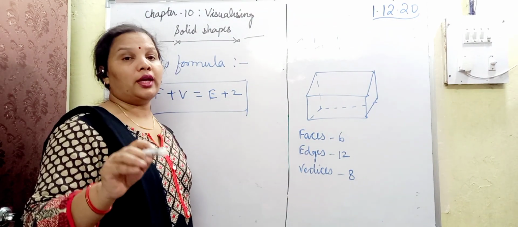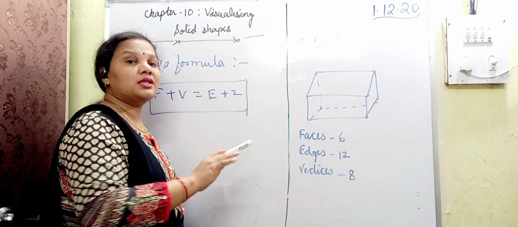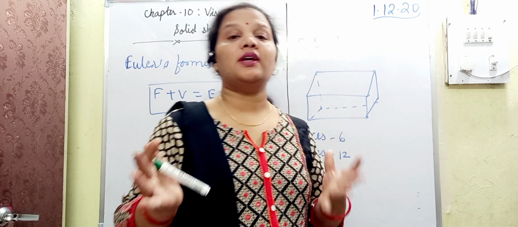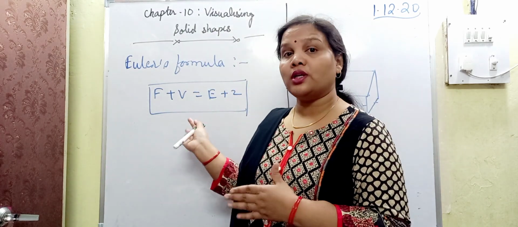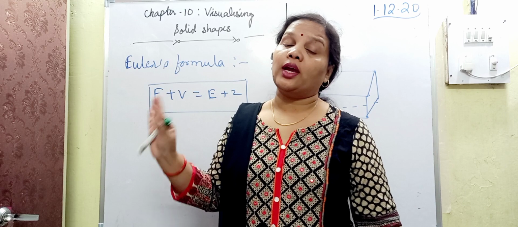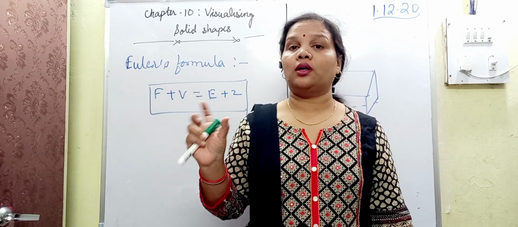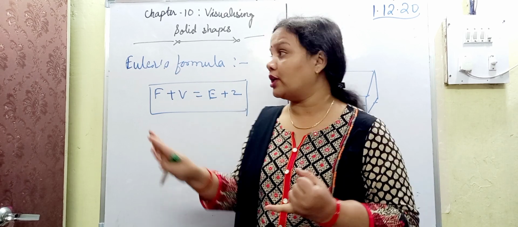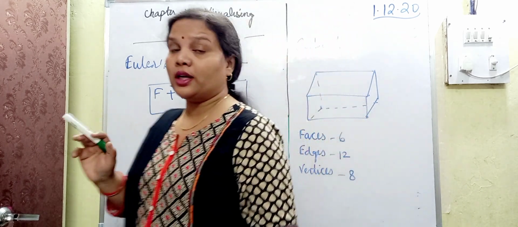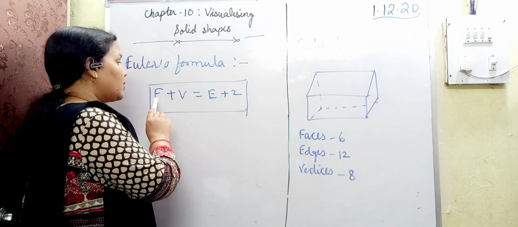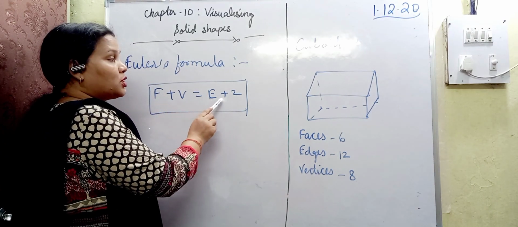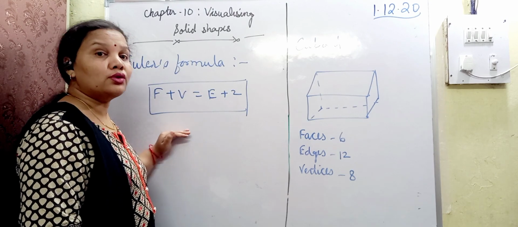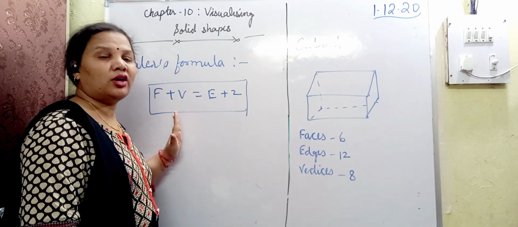If any solid shape satisfies Euler's formula's condition, then that particular solid is a polyhedron, if all the conditions are satisfied according to Euler's formula. So what is the relationship in Euler's formula? Faces plus vertices is equal to edges plus 2. This is the relationship which we are going to use to check whether any solid is a polyhedron or not.